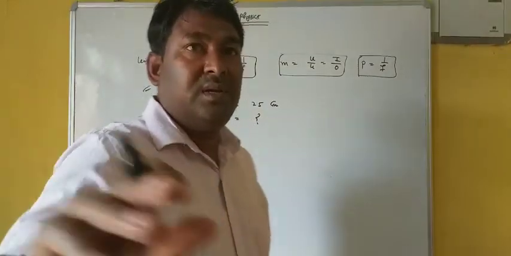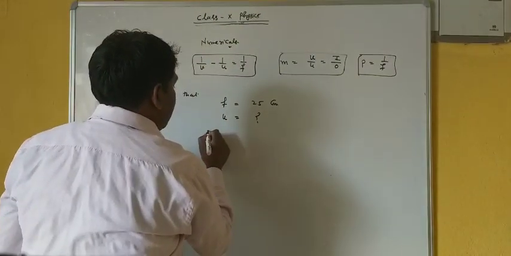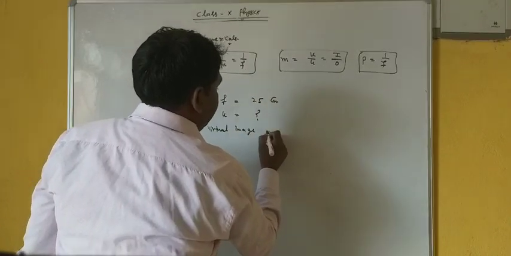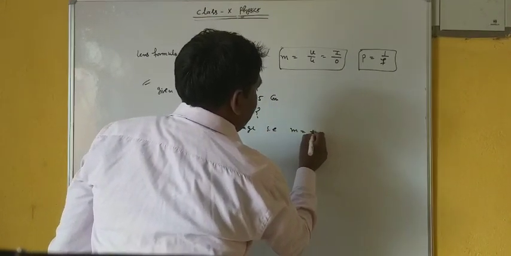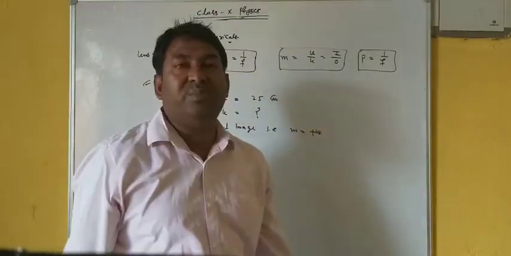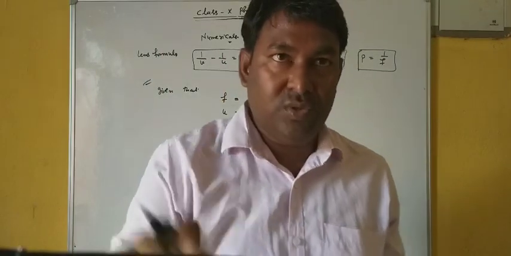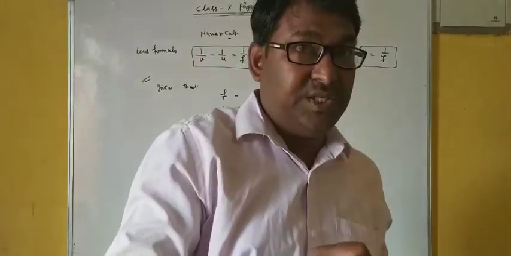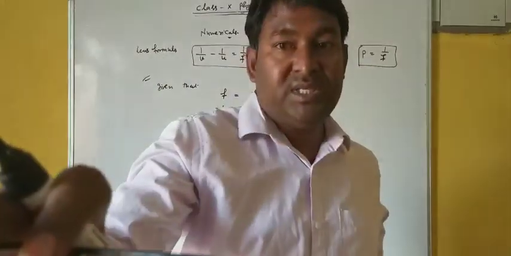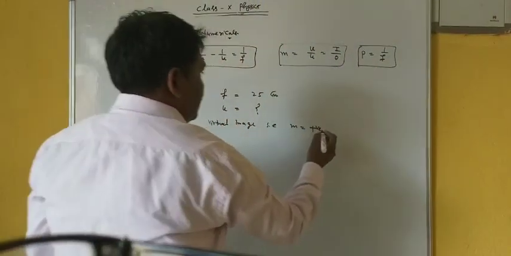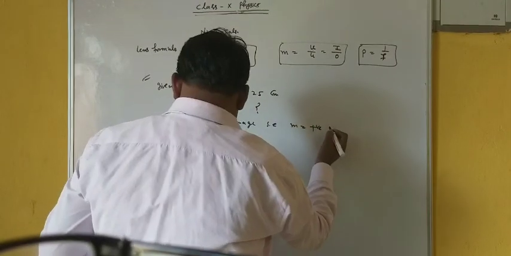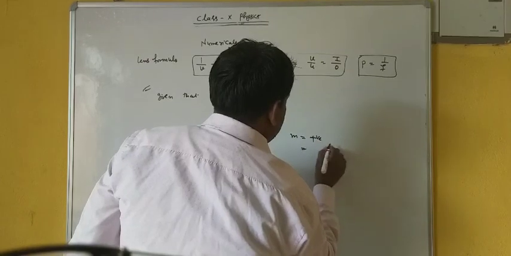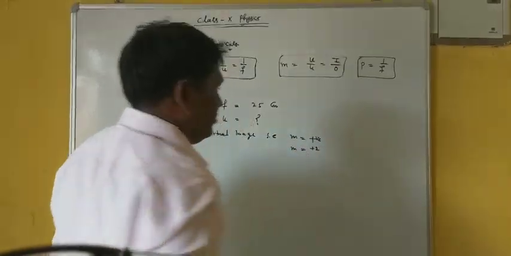That means, what is the value of u? It is given that the image is virtual, so M is positive. Twice the size means the image is twice that of the object, so M is plus 2.